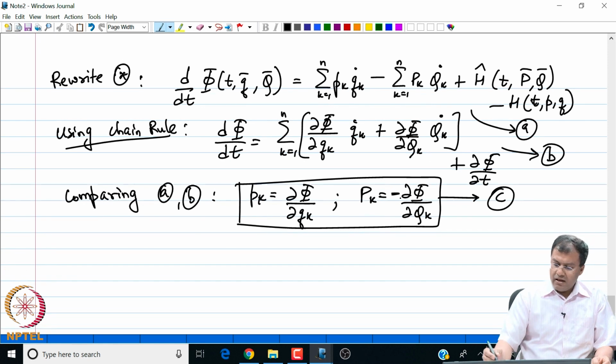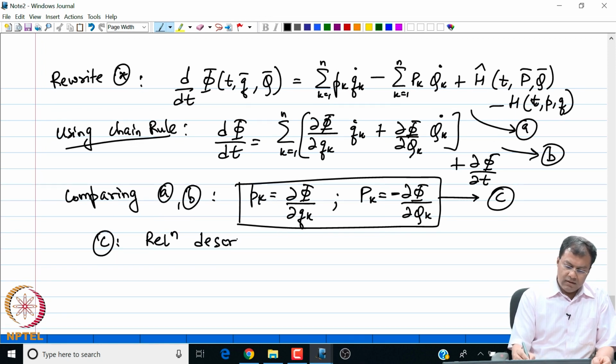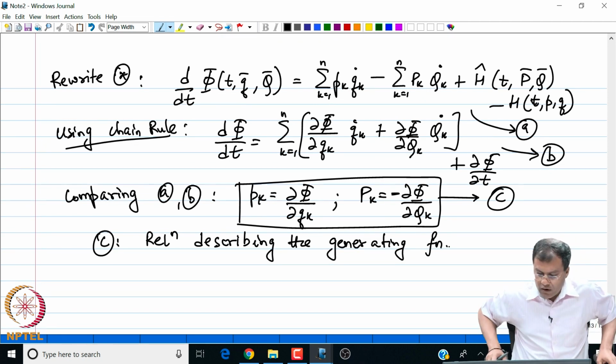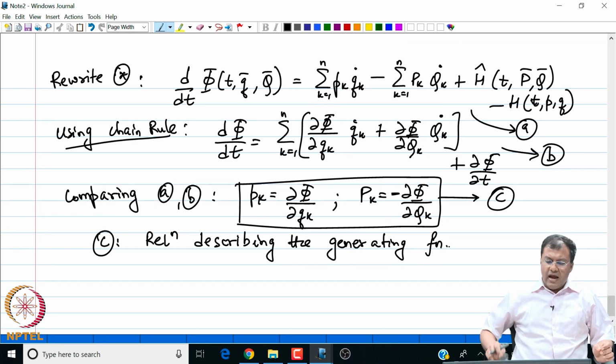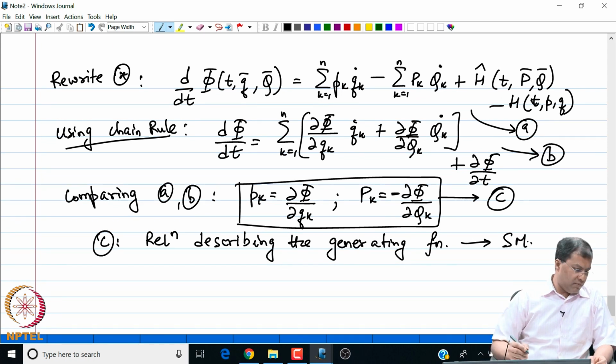I call this relation C. Note that C gives the relation describing the generating function, through which we find out the generating function, and that leads to our symplectic map. We will see through an example.